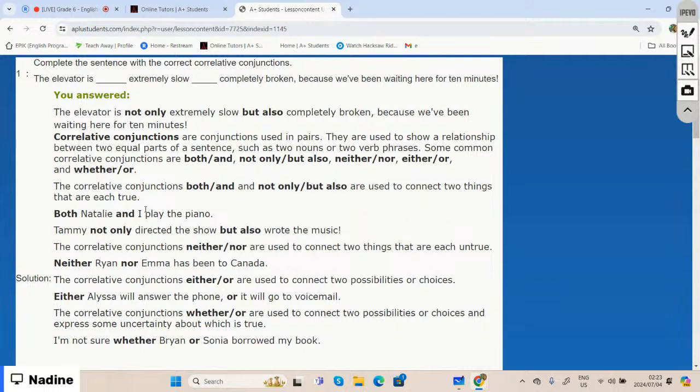All right. So if we were to choose the correct words to add within that missing sentence, then we would go with not only, so the elevator is not only extremely slow, but also completely broken because we've been waiting here for 10 minutes.